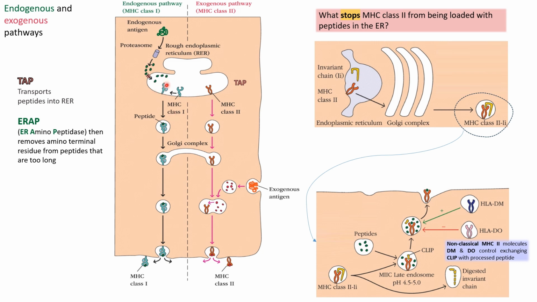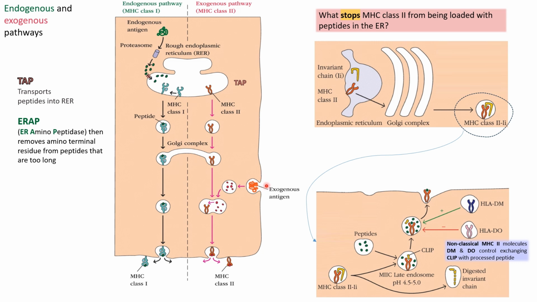They pick up these peptides and then get presented on the surface, so that a cytotoxic T cell can come along and see that and say, aha, this cell is infected, and if we leave this, then this cell is going to end up infecting lots of other cells, so the T cell will destroy this cell. That's the endogenous pathway for class 1.